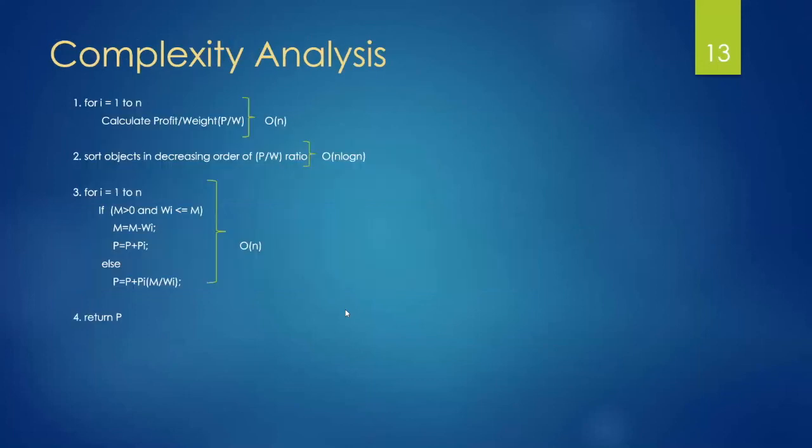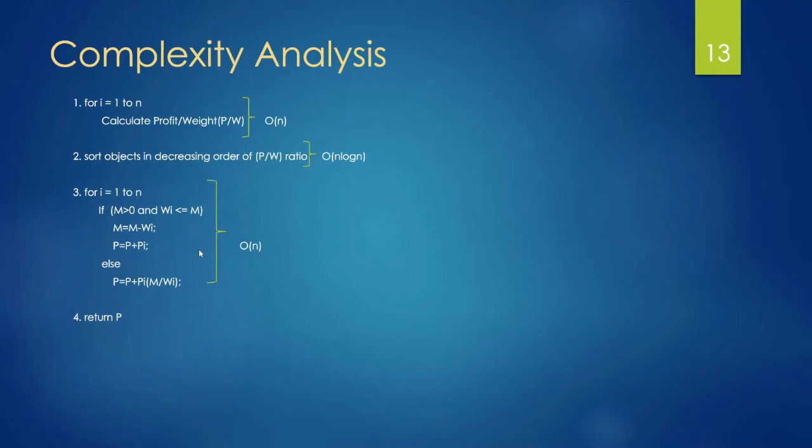Then this is our complexity analysis part. When we use the first for loop, i equal to 1 to 10, as we use all of the objects, our complexity will be big O of n. Then we use a sort algorithm in decreasing order in the second part. If we use the best sorting algorithm, which is quick sort, then our complexity will be big O of n log n.